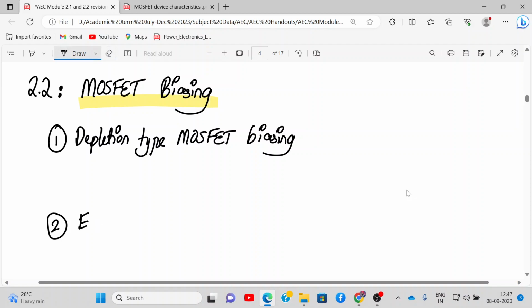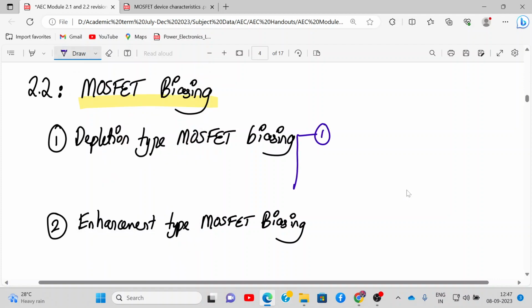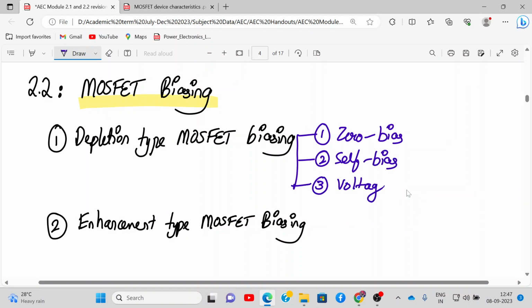Let me write it, then you will understand what I am saying. Under depletion type we have three types. First is zero bias circuit, second is self bias, and the third is voltage divider bias.